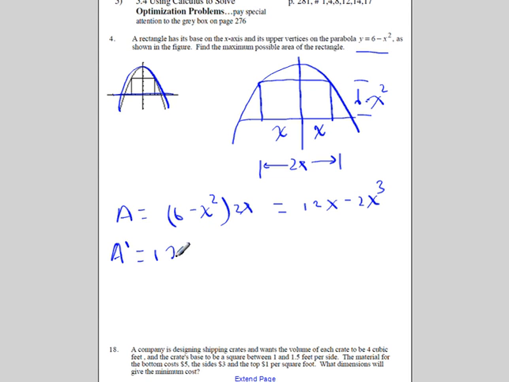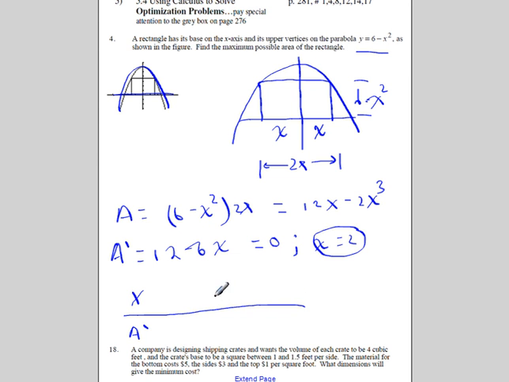So the derivative is 12 minus 6x squared, and this equals 0 when x equals 2. That's just simple algebra, solving this for x. Then, just to be extra sure, I know we didn't do this in the last problem, but to prove that it is a max and not a min, we'll do a derivative chart.